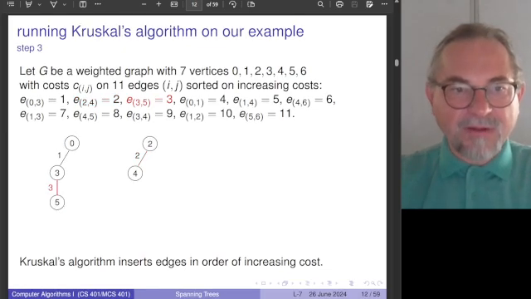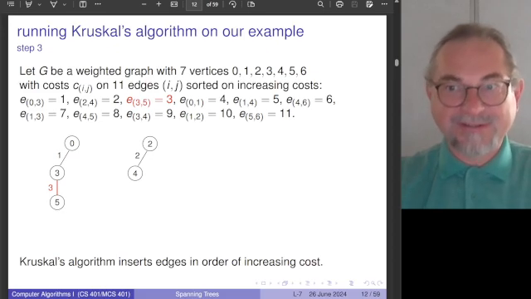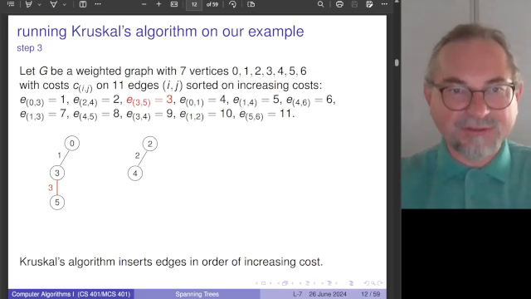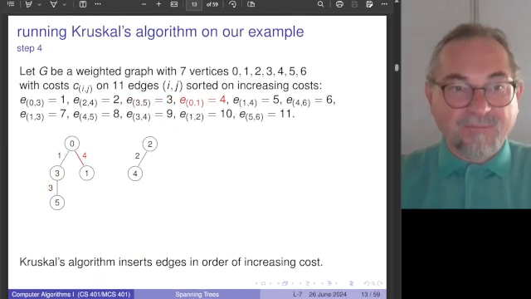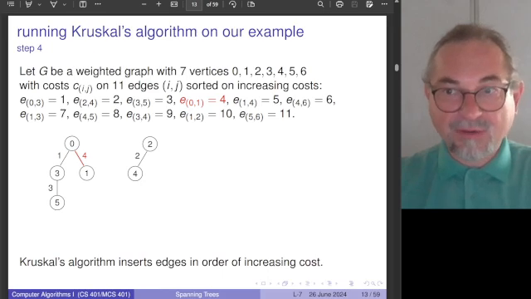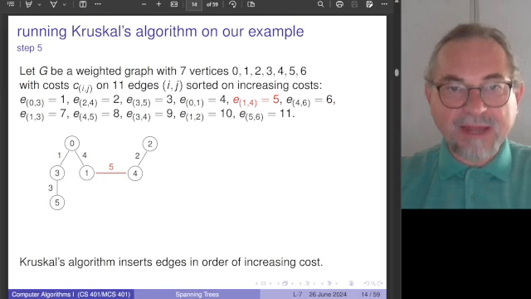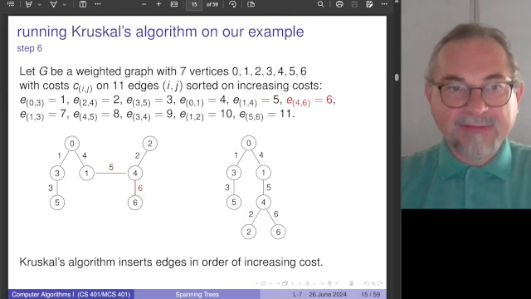Then 5 is connected to 3. That's the third cost. The costs are chosen in order here. 4 is the cost of the next edge. Then we have 5, and then we have 6.